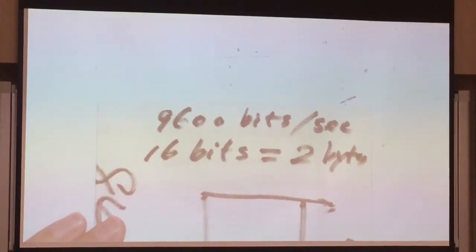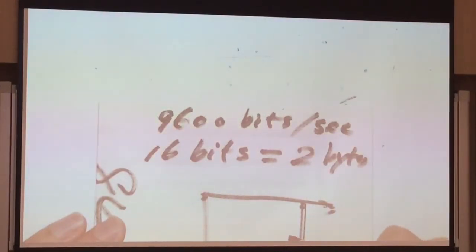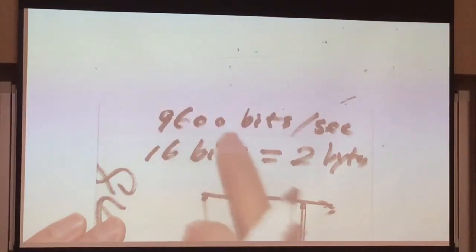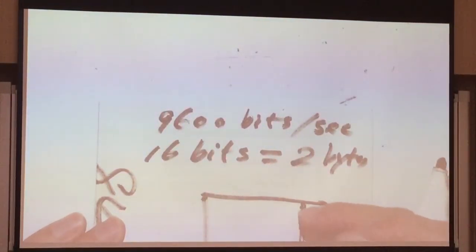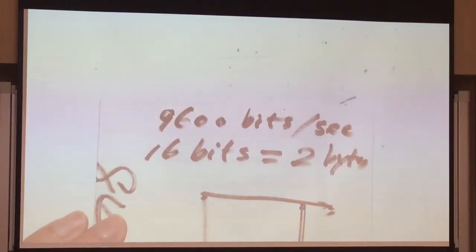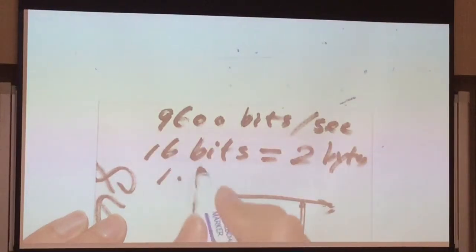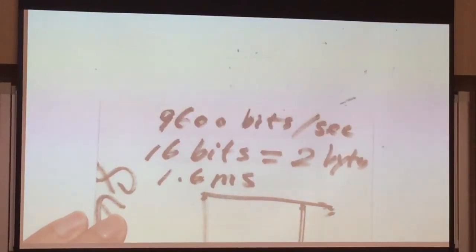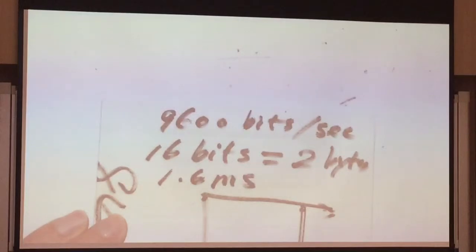So how long will you need for this? 9600 bits per second is equivalent to about 0.1 millisecond per bit. So 16 bits is 1.6 milliseconds. You need 1.6 milliseconds to capture 16 bits.